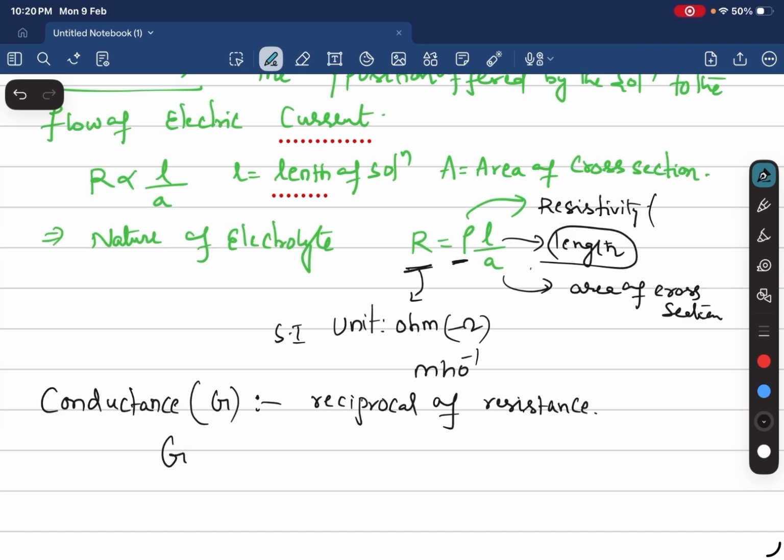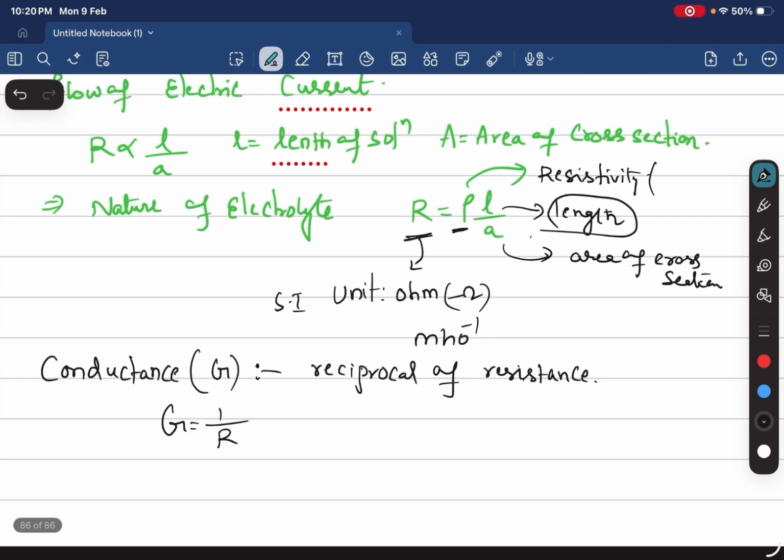So G equals 1 by R. SI unit will be Siemens. So Siemens inverse is also one of the units.